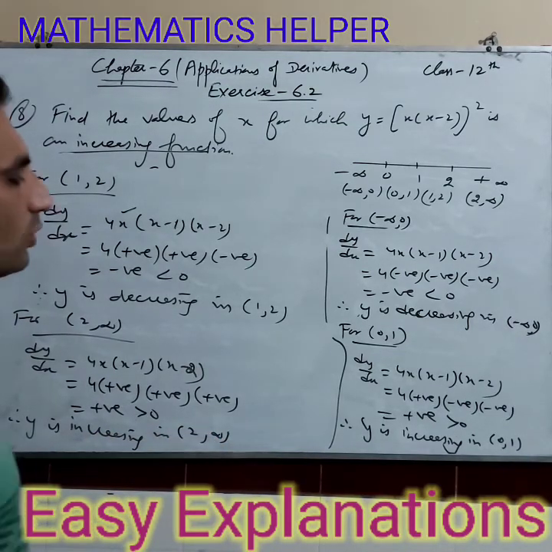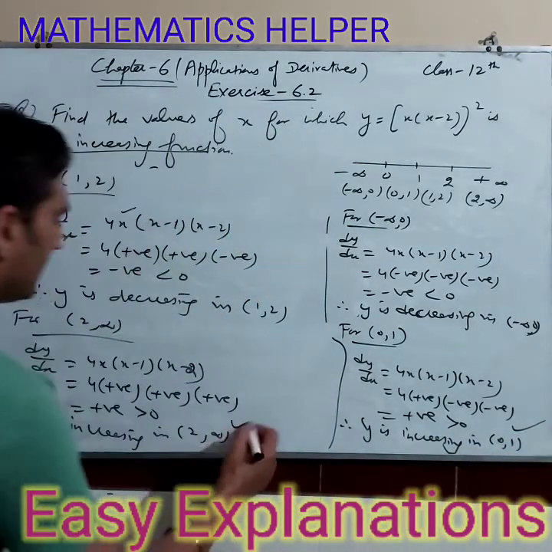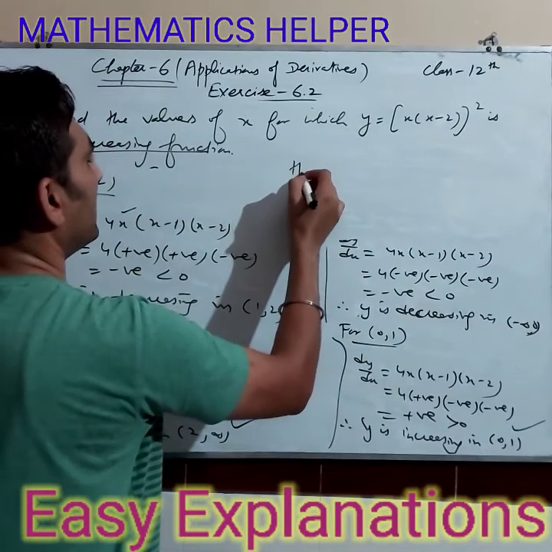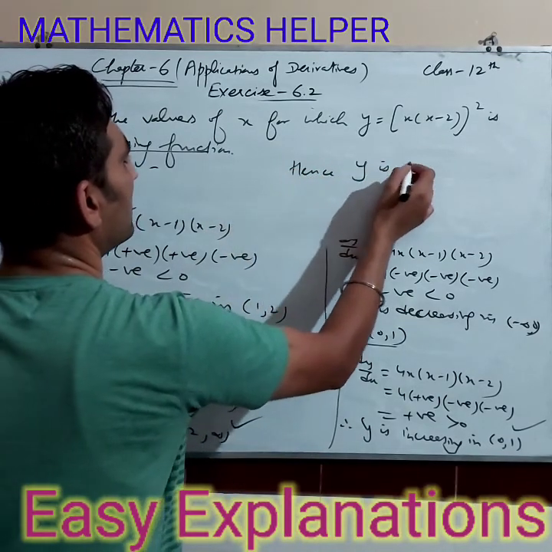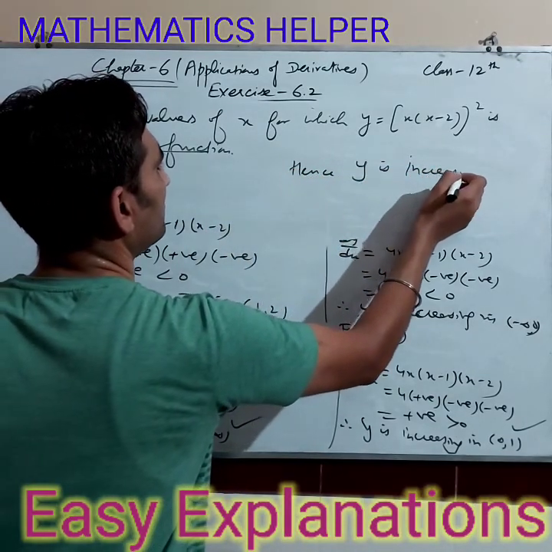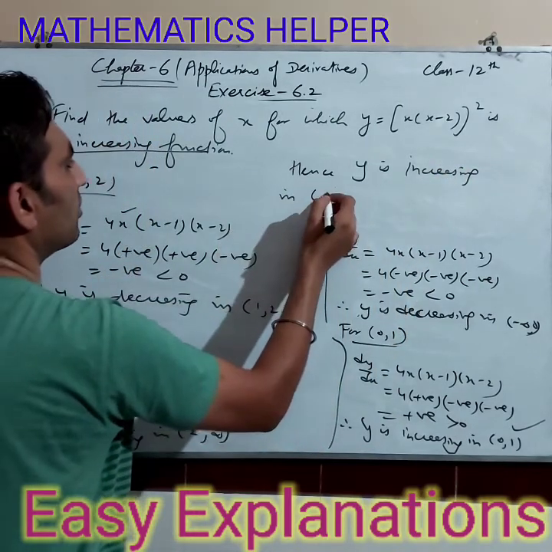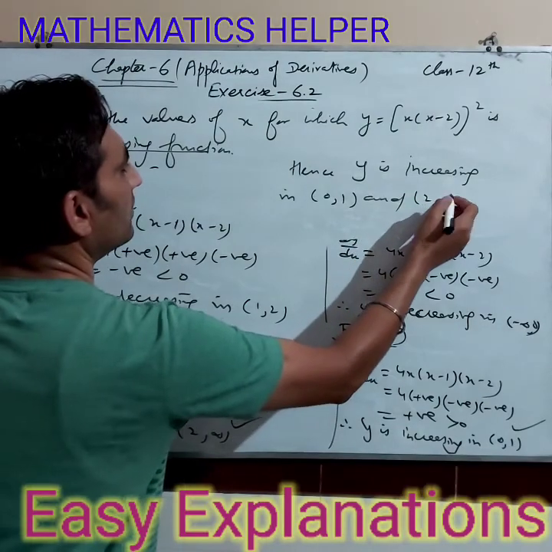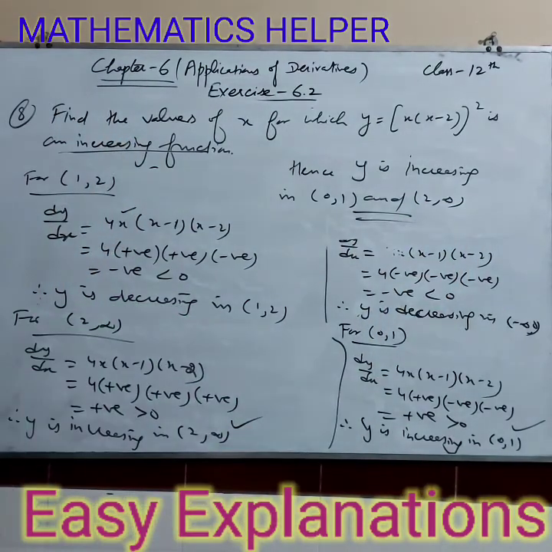So we have only 2 times increasing, from 0 to 1 and from 2 to infinity. So hence y is increasing in 0 to 1 and secondly from 2 to infinity. So this is our required answer of 8.